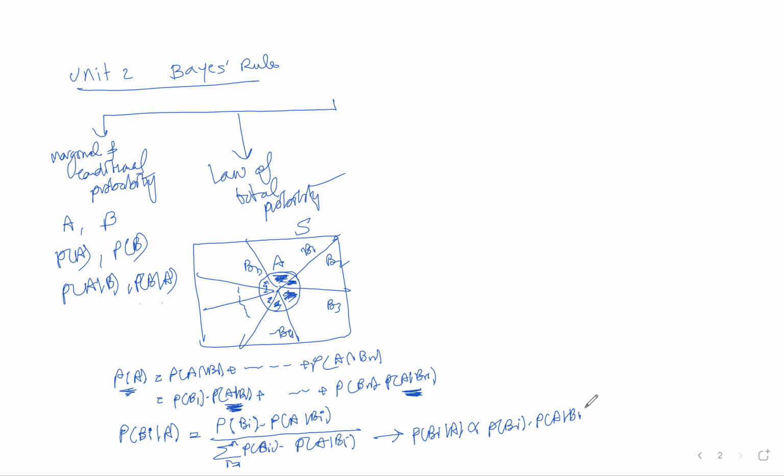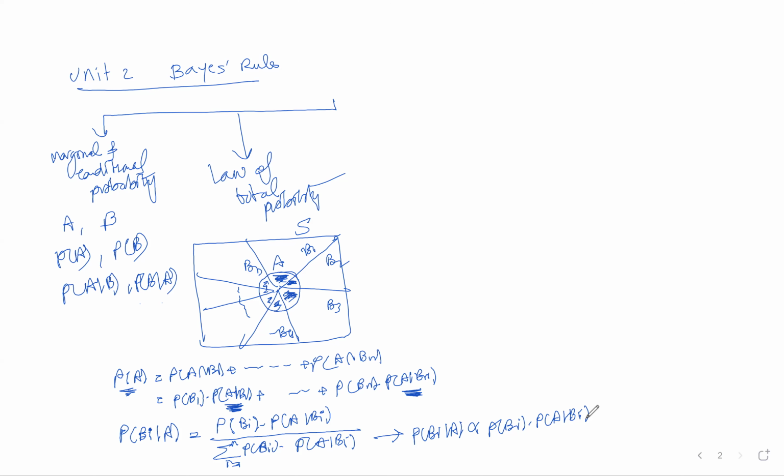This is the formula we use all the time. Bi is the parameter you are interested in, and A is the data. So the probability of the parameter you are interested in given data is proportional to the probability of the parameter as a prior distribution, times the likelihood. So this is the Bayes rule.